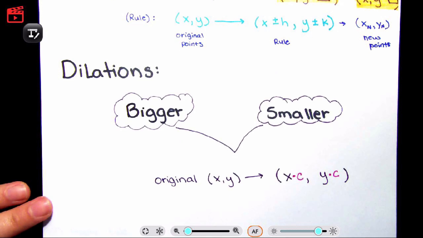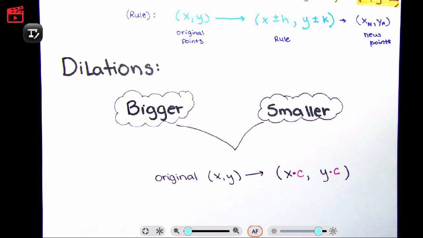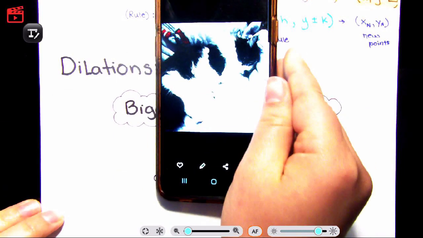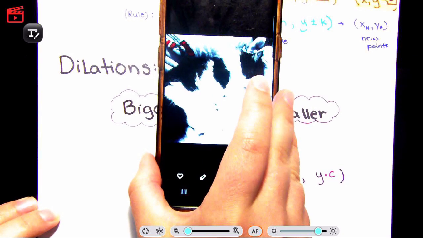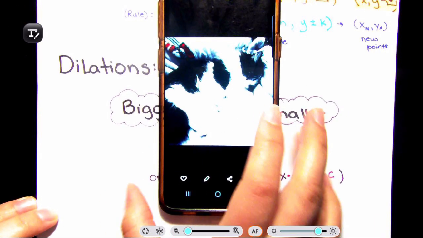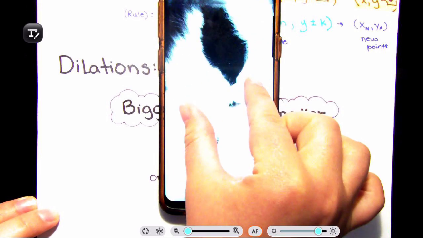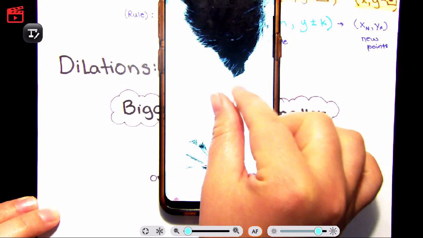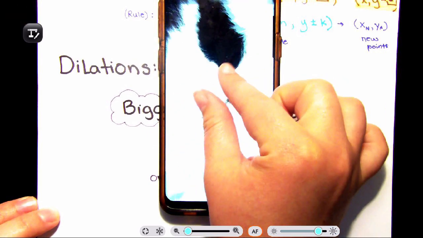Now, a dilation means that you're either going to get bigger or smaller depending on the value of c. But notice for dilation, the value of c is for the x and for the y. So here I have a picture of Miss Sylvanas on my phone. When you are dilating, if you've ever gotten your eyes dilated, we're getting bigger, right? I'm zooming in onto Sylvanas, or I can zoom out, right?